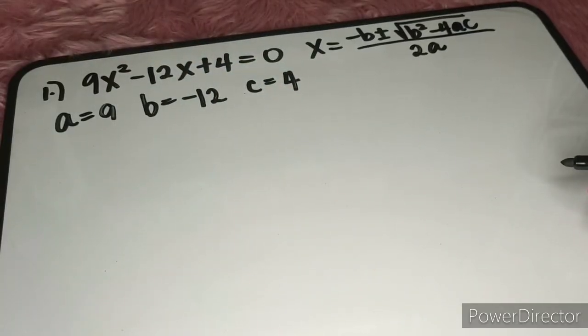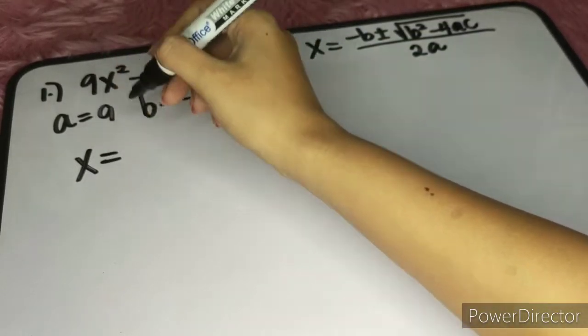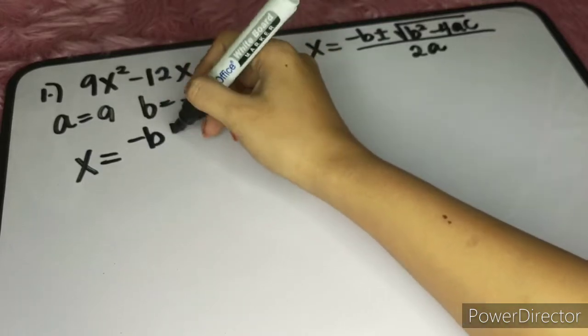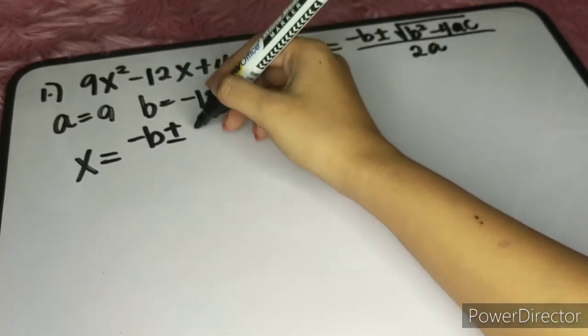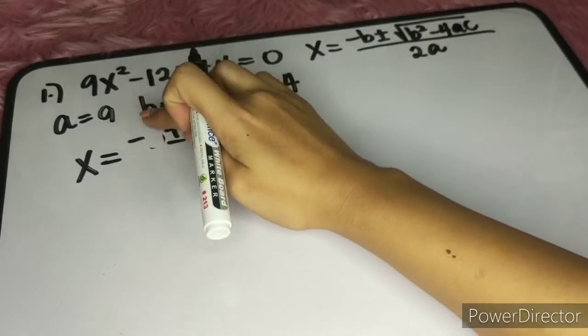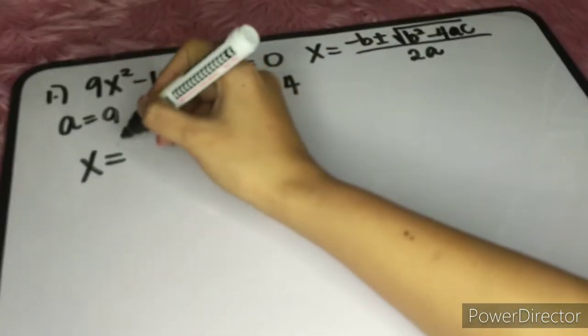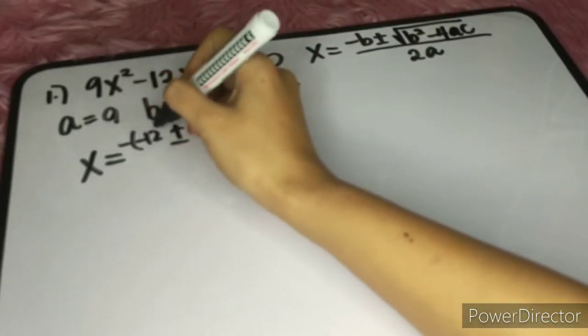So, let's now substitute and solve for the roots. Since our b is negative, it will be negative of negative 12.